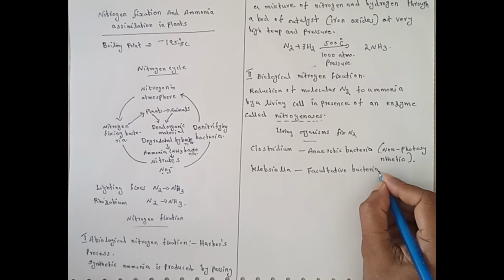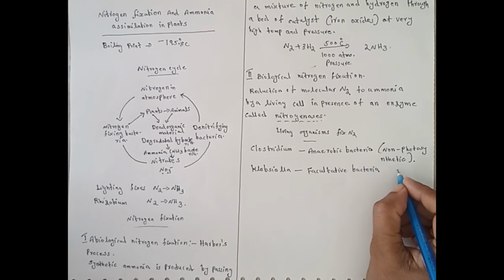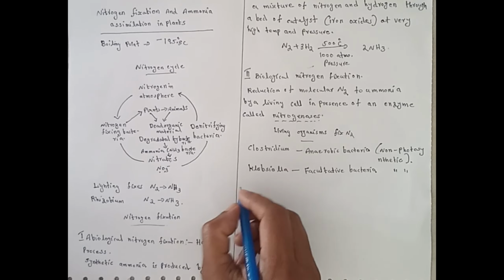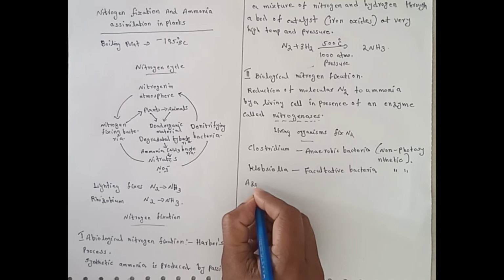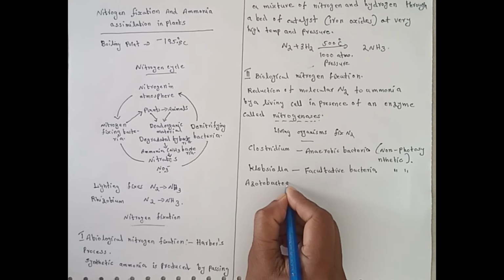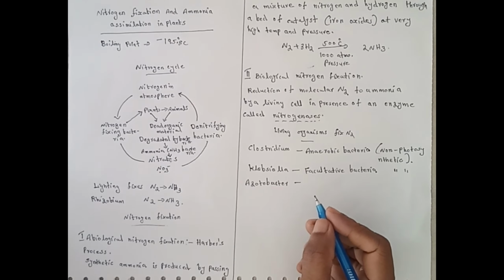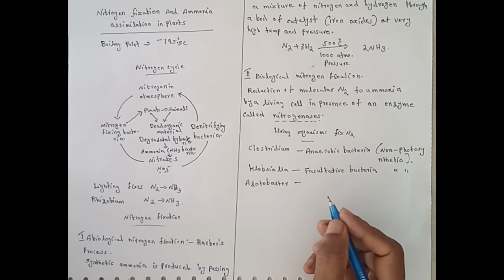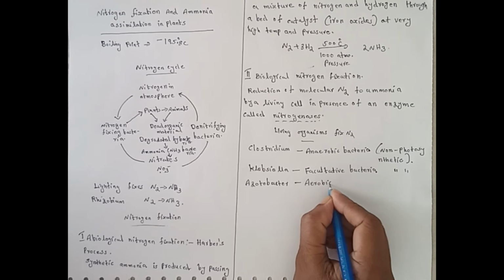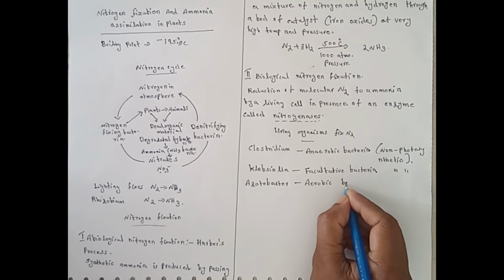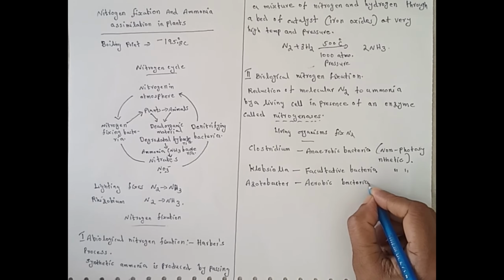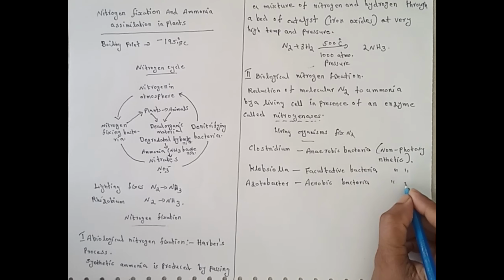That is also a non-photosynthetic form. Third, Acetobacter. It is an aerobic bacteria. That is also non-photosynthetic.